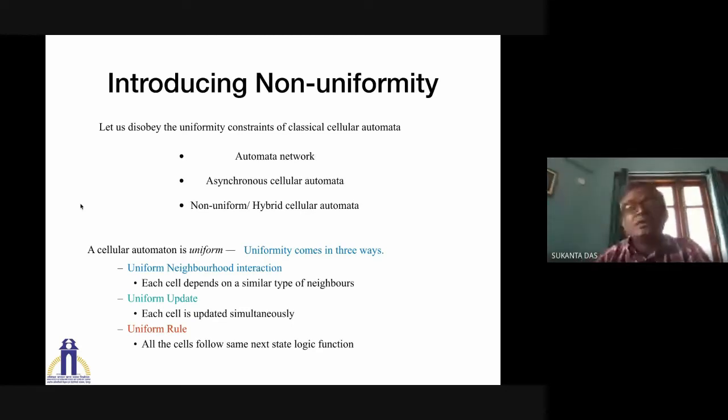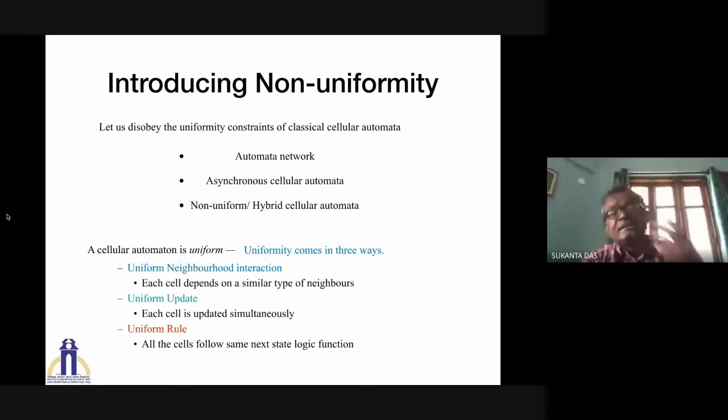The first one is very general, which we call automata network, where the first uniformity constraint, uniform neighborhood interaction, is disobeyed. Each cell may not depend on a similar type of neighbors; that may vary from cell to cell. Second is uniform update.